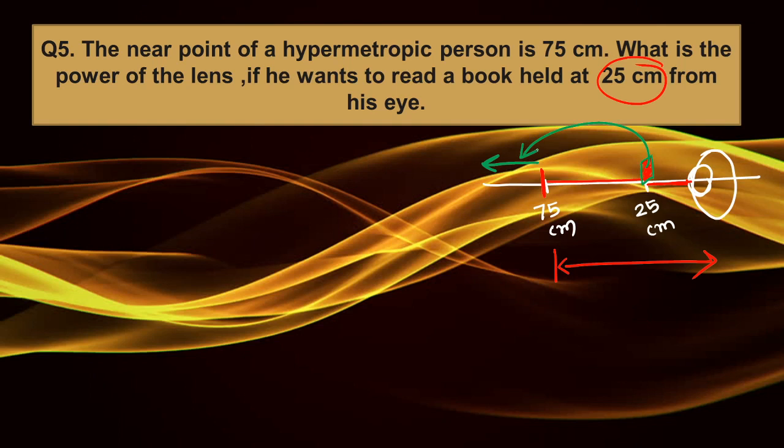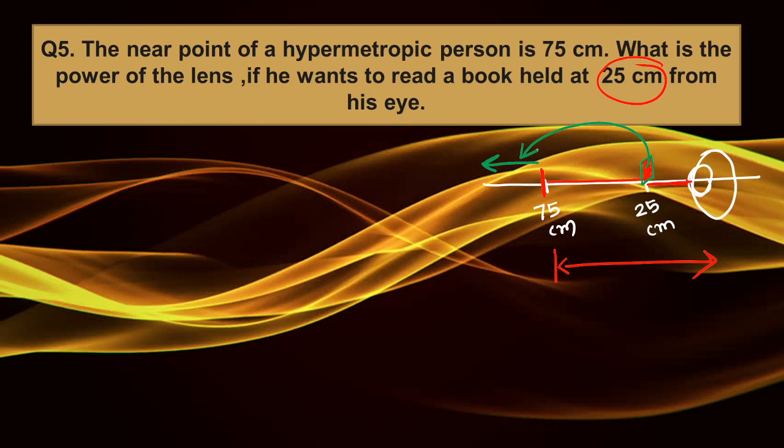Then only the eye can detect it, the retina can detect it, because the retina is responsible for this zone. So simply we can say that my object distance is minus 25 cm, because it is on the left side, right side positive. My image has to be produced at 75 cm, so minus 75 cm. Now only the focal length we have to calculate. So let's solve for the focal length.